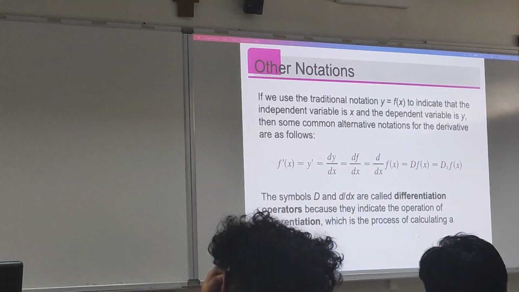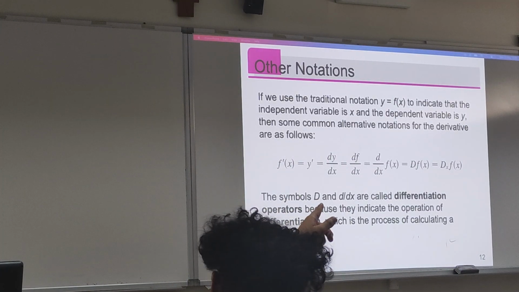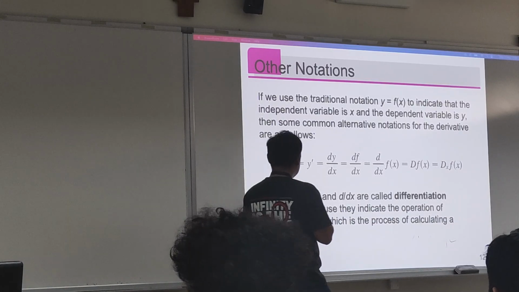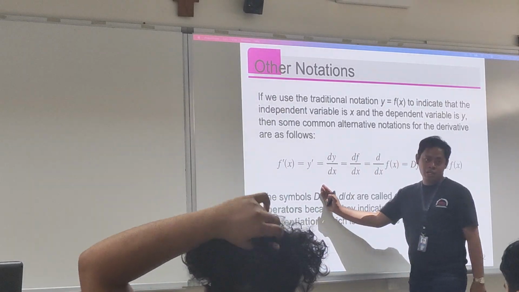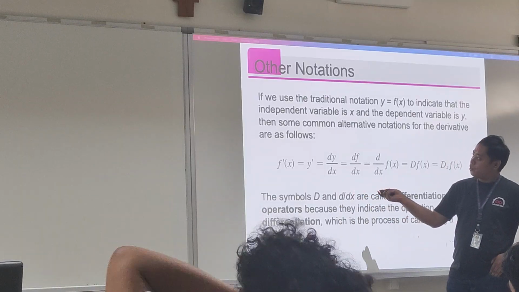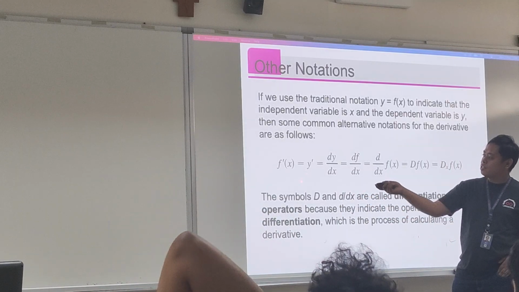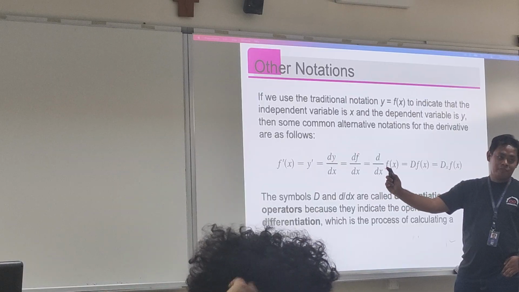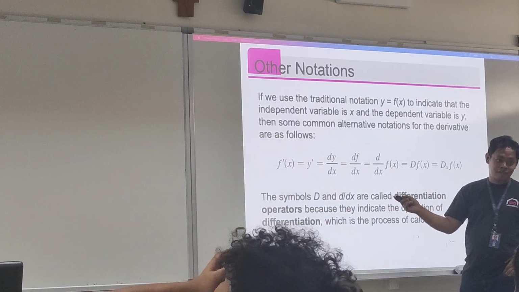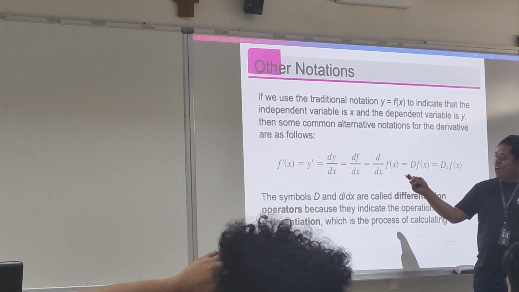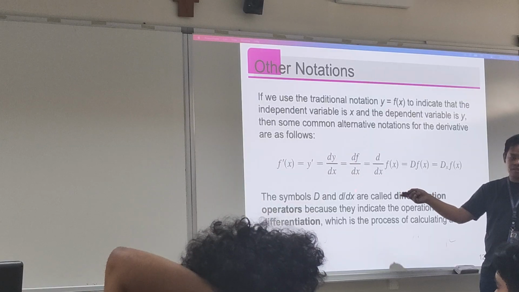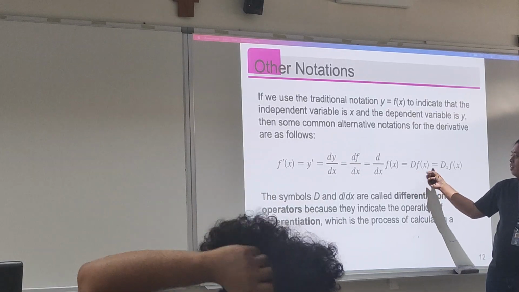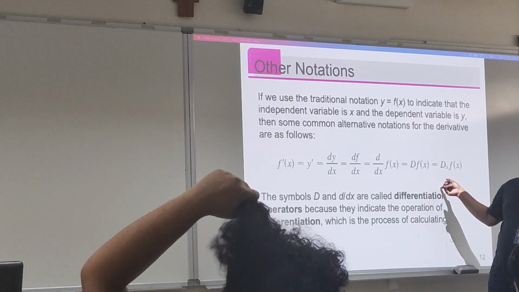So we have other notations for the derivative. You can use the following notations, which indicate the derivative of that function. You can use f prime of x, y prime, or dy over dx, or the derivative of f with respect to x, and then d over dx of f of x, or d of f of x, or D x of f of x.